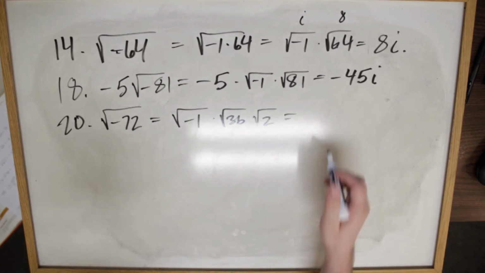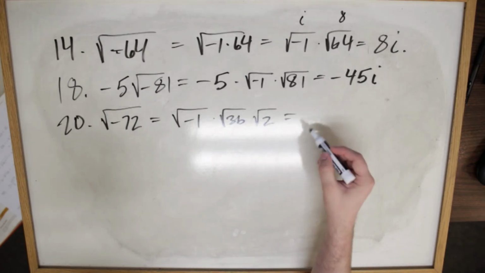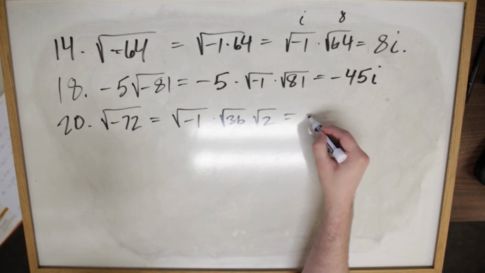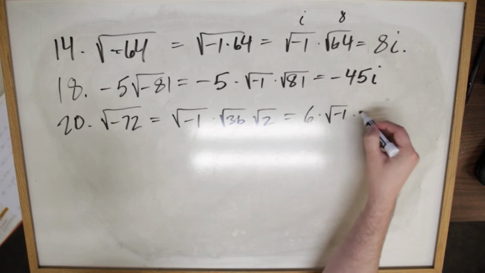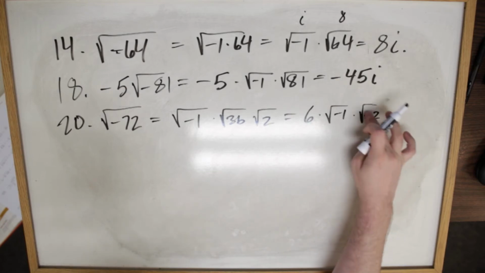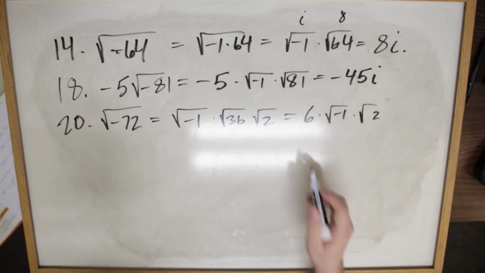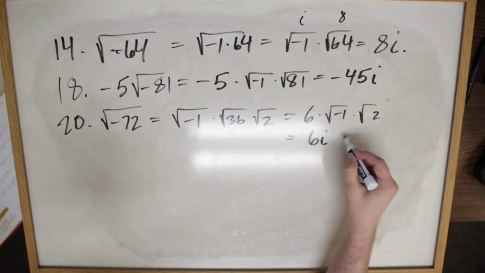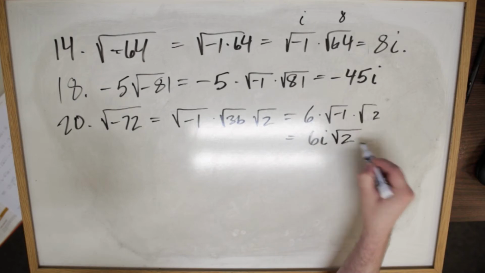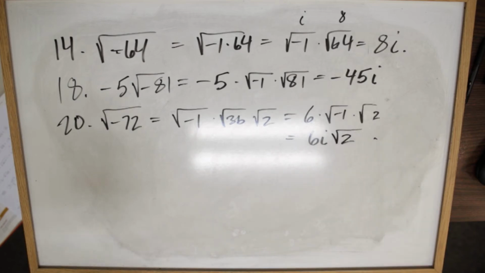This equals 6 times the square root of minus 1 times the square root of 2. Whoops, positive 2, sorry. So this is i, this is 6. So we get 6 times i times the square root of 2, and that's our final answer.